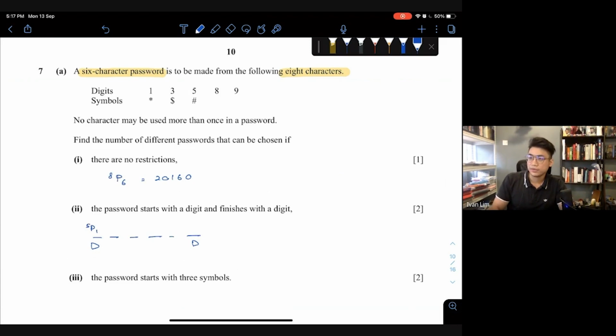Second time, if I want to use another digit, I'm still left with 4 digits. So 4P1. For the remainder in the middle, I can use both digits or symbols, which I have another 6 more of. So 6P4 because I've got another 4 spaces to use, which would be 7,200.